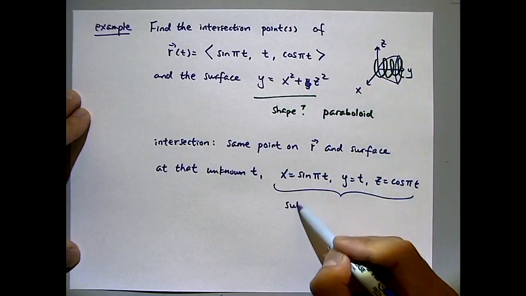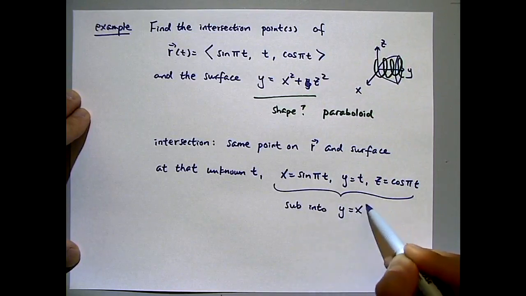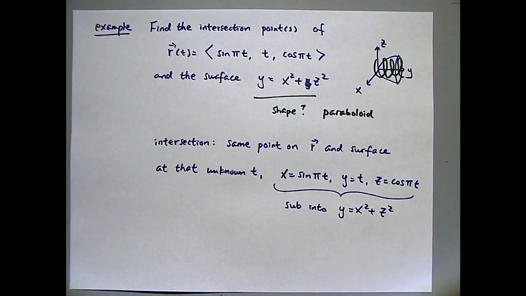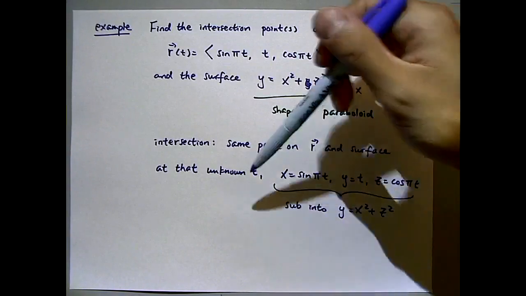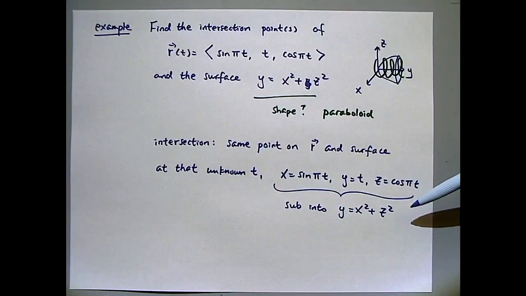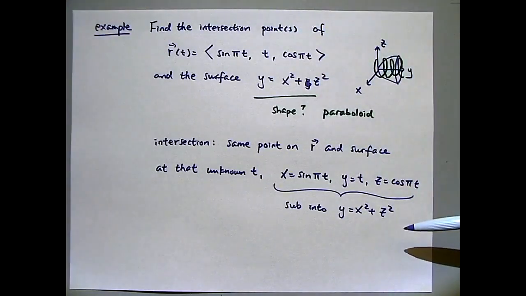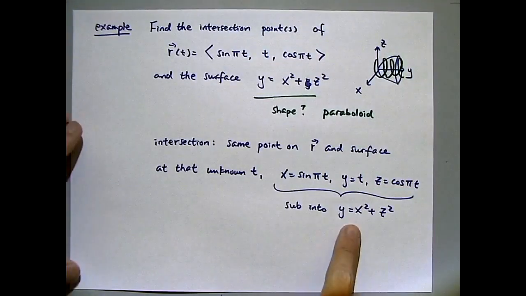So that one point will also be on the paraboloid. So what do we do? We just sub that into y is equal to x squared plus z squared. At one unknown t, or maybe possibly multiple unknown t, the point on the space curve has to be on the surface. So if I just take the space curve x, y, z into the surface, that should allow me to find t. And once I know t, I can find a point. Okay, so let's see.